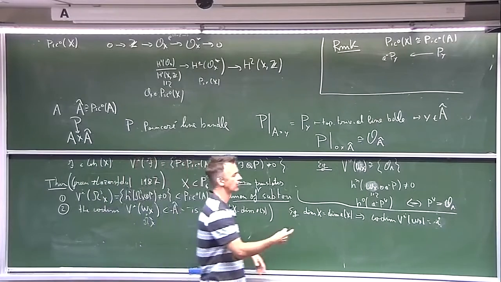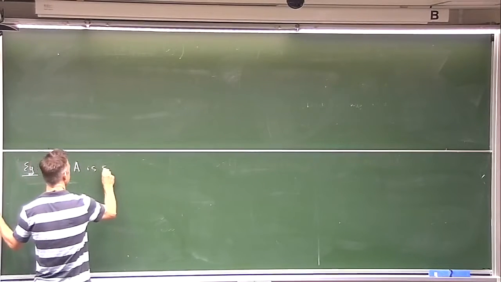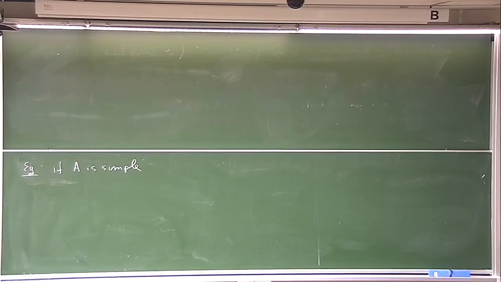So for example, if A is simple, so if you have a simple abelian variety, it has no interesting subtori, no interesting sub-abelian variety.